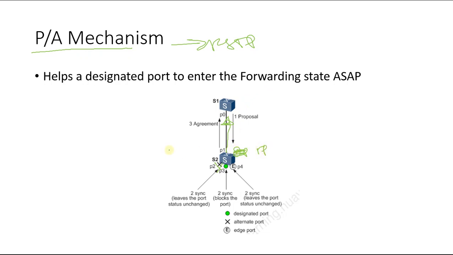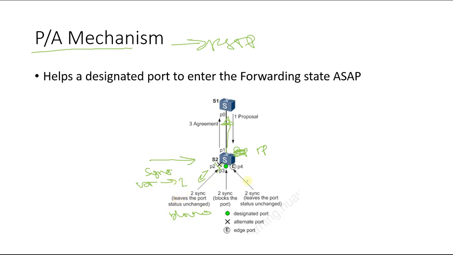After receiving an RSTP BPDU with the proposal field being 1, S2 sets the sync variable to 1 for all its ports. As P2 has been blocked, its status is kept unchanged.